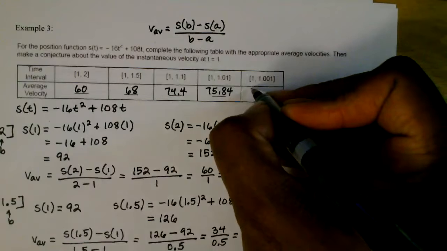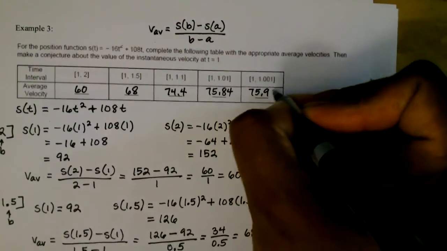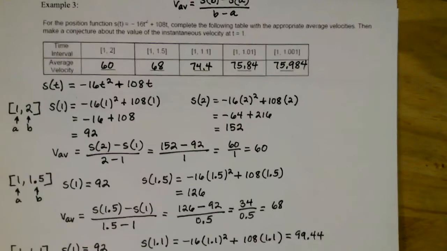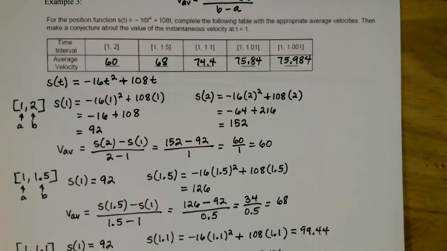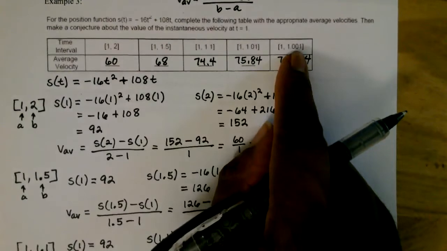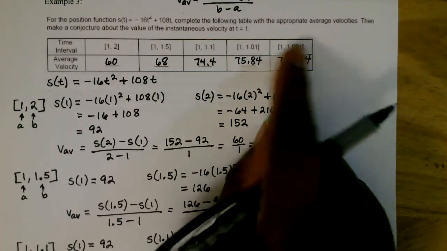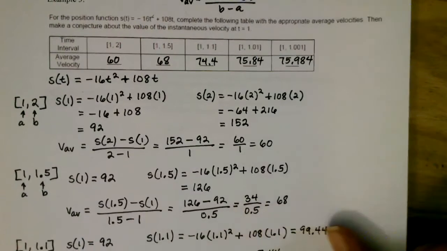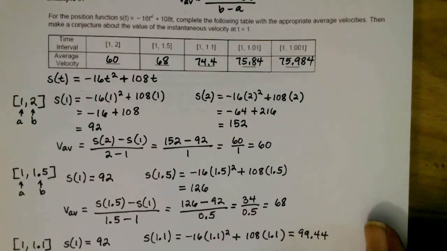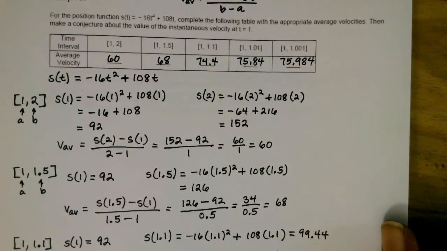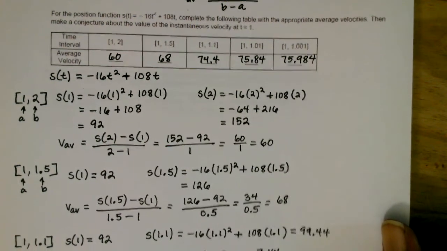All right, so by looking at this table right here, we can see that as we let this second number in this interval get smaller and smaller and smaller, and we let this stay fixed, that means the average velocity will be approaching some number, which in this case is approximately 76.